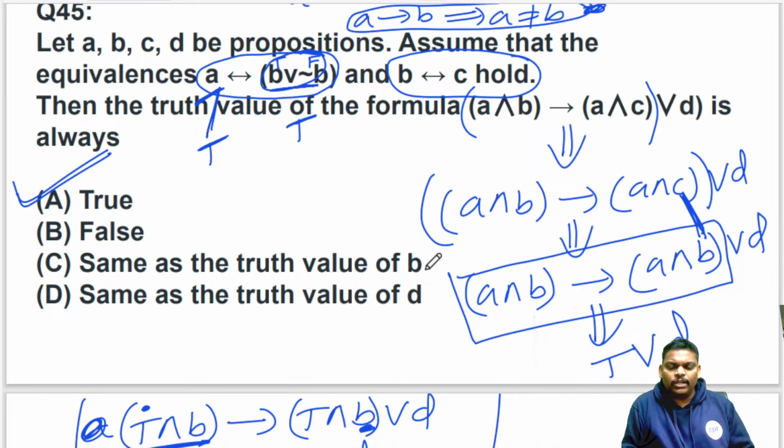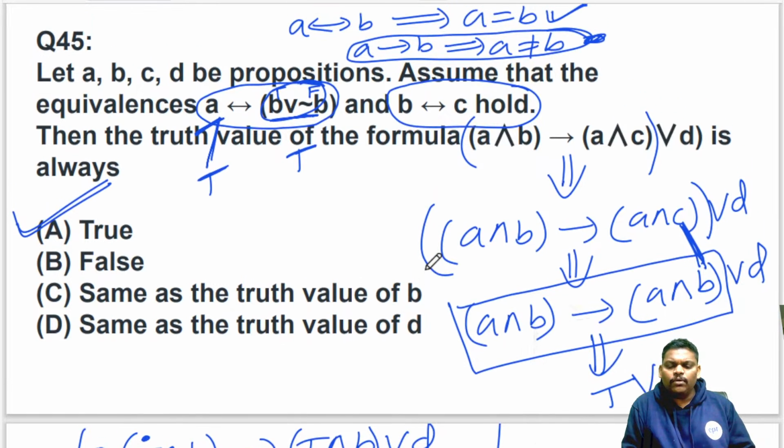Yeah, you have to go to the table. Verify whether the final result is equal to B or not, D or not. Yeah, verify both the things.